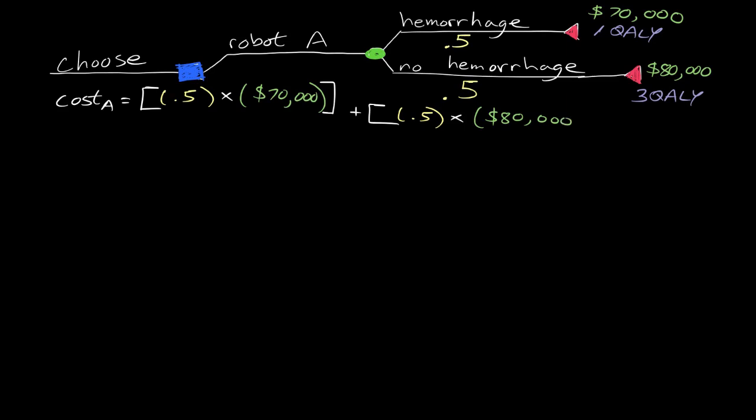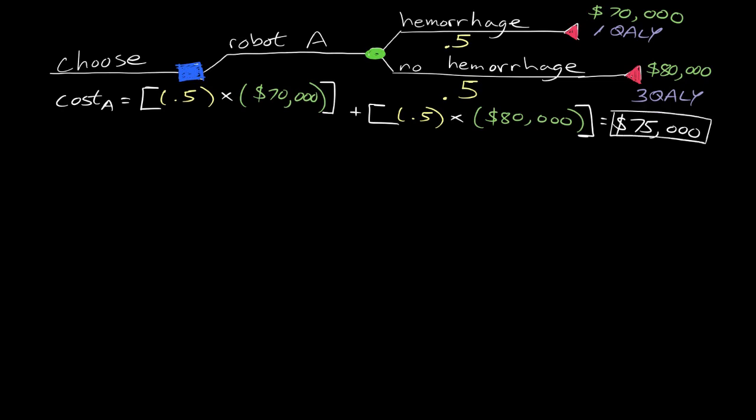So the expression I'm showing here for the cost of robot A, this would simplify into $70,000 plus $80,000, the quantity $70,000 plus $80,000 divided by 2. Multiplying something by 0.5 is the same as multiplying it by 1/2. When you multiply by 1/2, you're dividing by 2. So again, it just turns out, the simple average of $70,000 and $80,000 is $75,000. That's the cost of robot A.